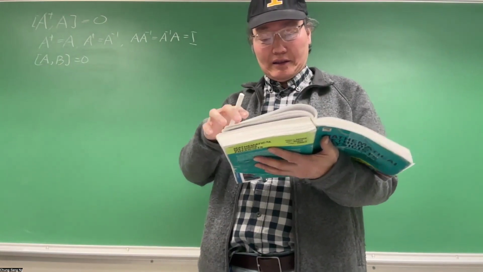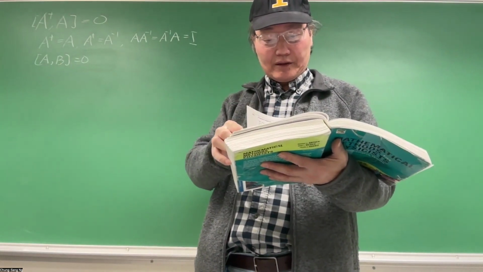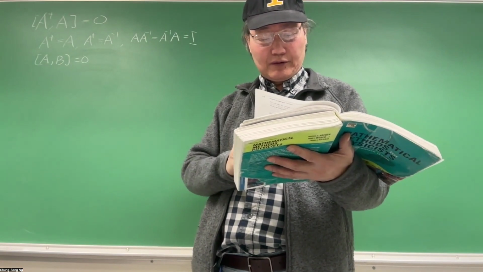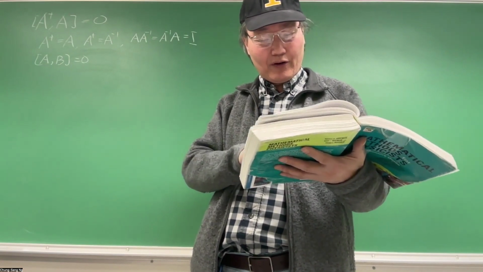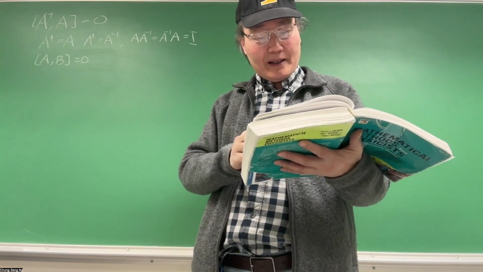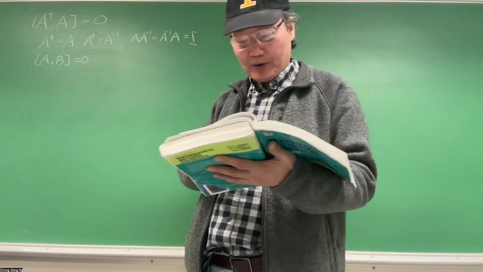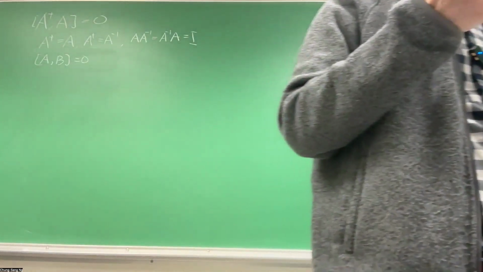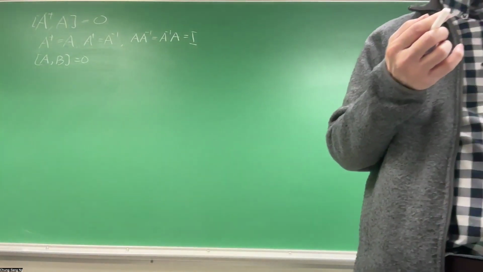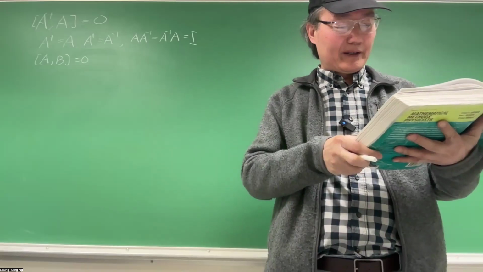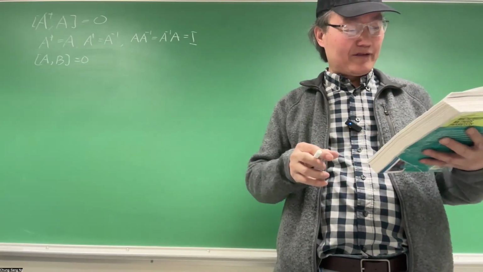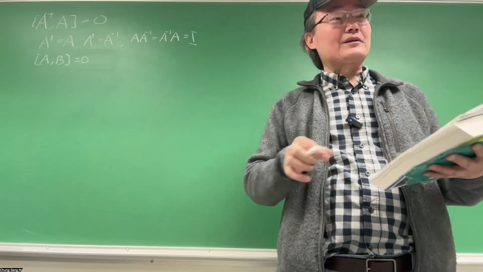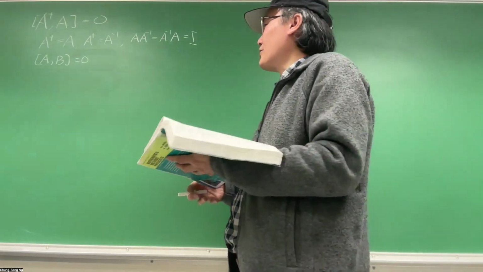We can show that in a quite straightforward way. I will deviate from the textbook. The textbook uses the Dirac bracket notation, which I found a little confusing, so I will not use that. But to show that is actually quite easy.